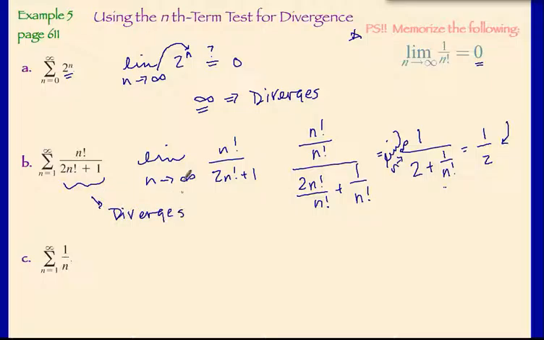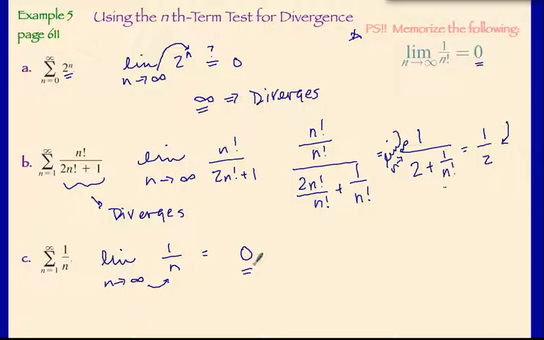One more. We have the limit as n approaches infinity of this nth term, general term, 1 over n. We know the drill. Put infinity in for n, we get 0. Now here's the deal, boys and girls. Because this is 0, then we don't know if it converges or diverges.